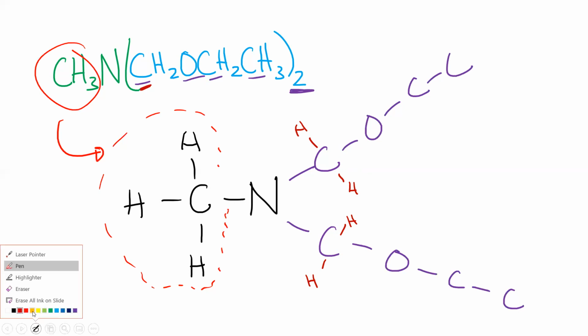Now, jump to the next atom, which is the oxygen. Now, the oxygen has two things attached to it. What I'm showing you guys here is, in essence, a really rapid drawing of a Lewis structure. And this comes from lots of practice and lots of experience and knowing what these things should look like.